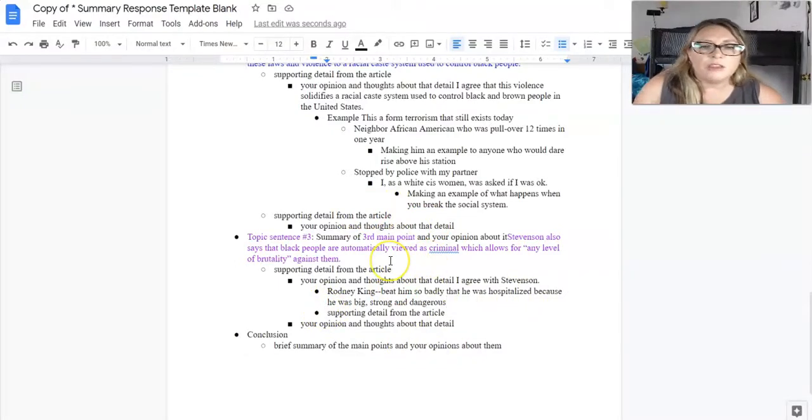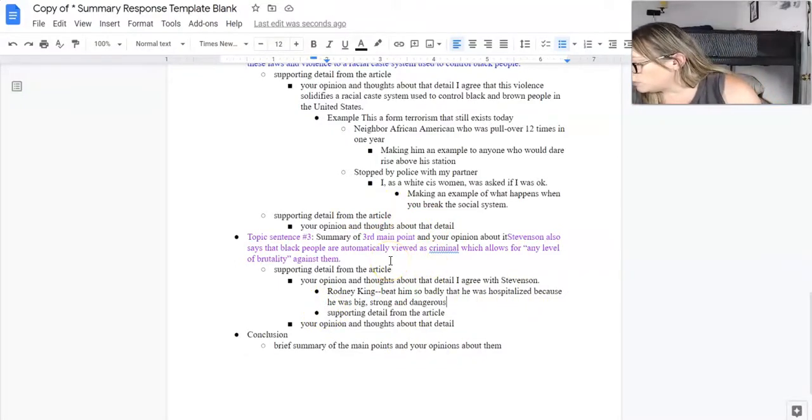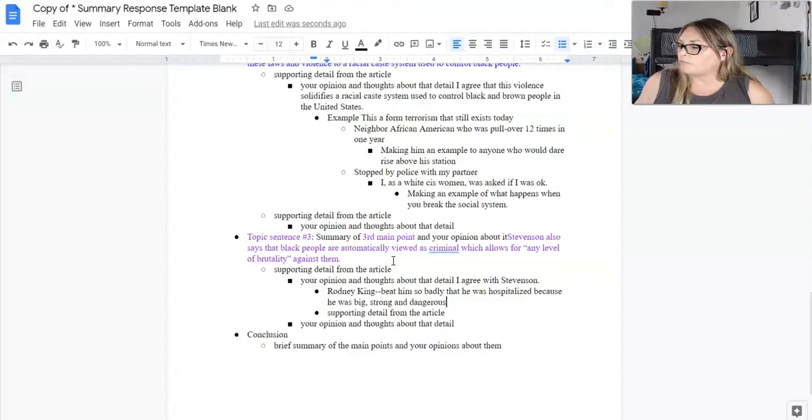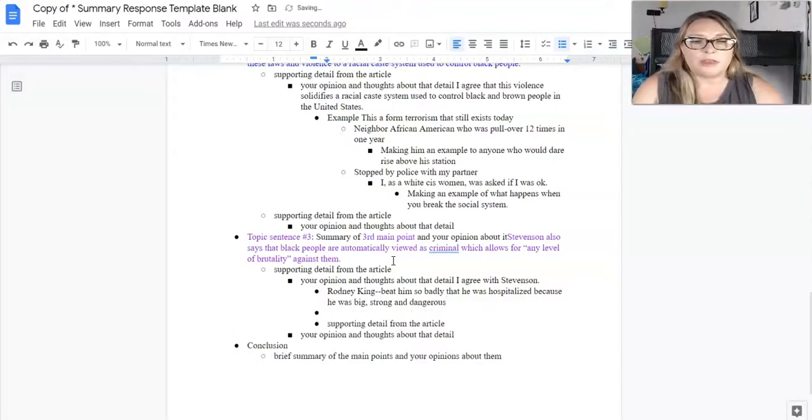And you know what? I think I need to find some other things here. Let me see what else I had on here. Oh, another good example, like from the news, would be something like Trayvon. I think that's how you spell it. We need to make sure to go back.